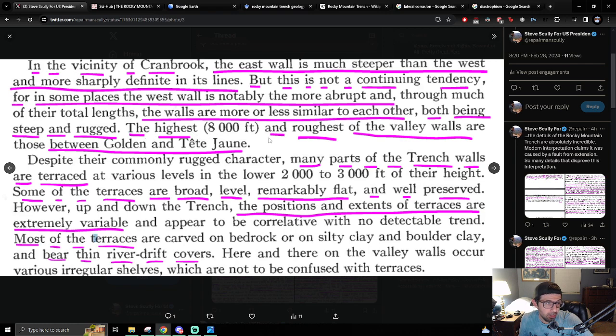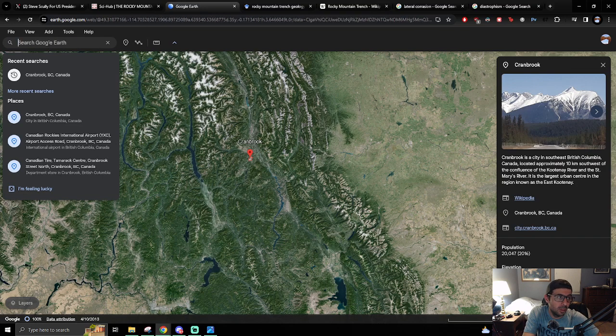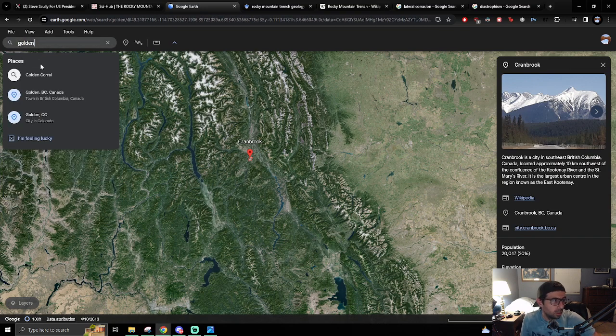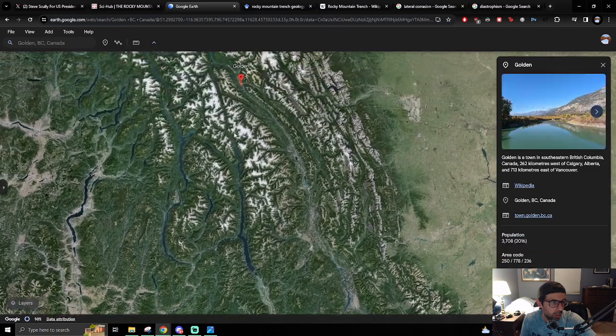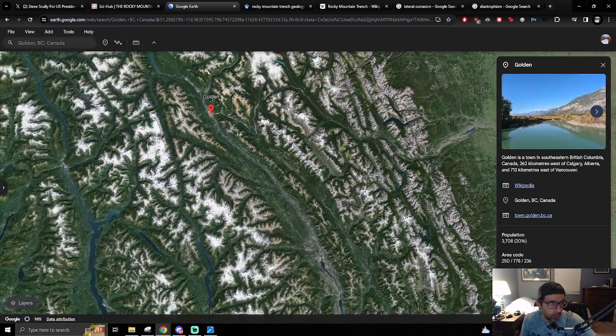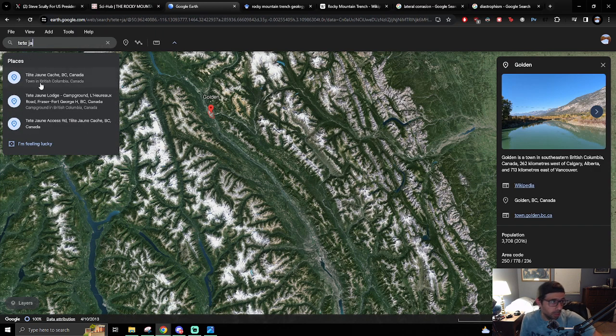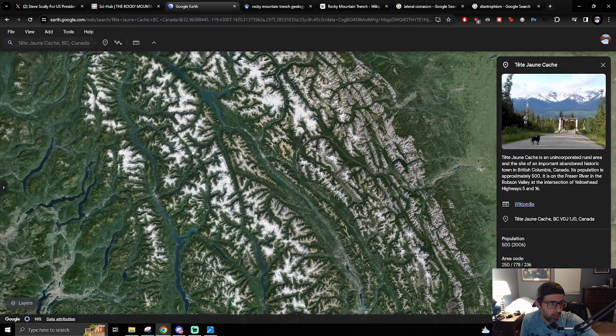The highest and roughest of the valley walls are those between Golden, let's see where Golden is. There we go, that's probably good enough.